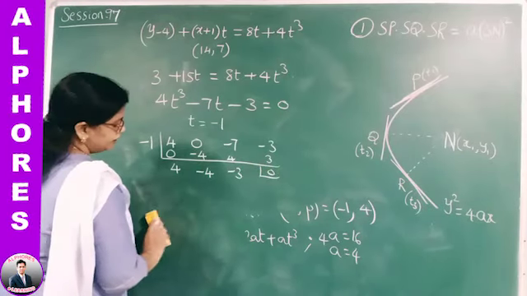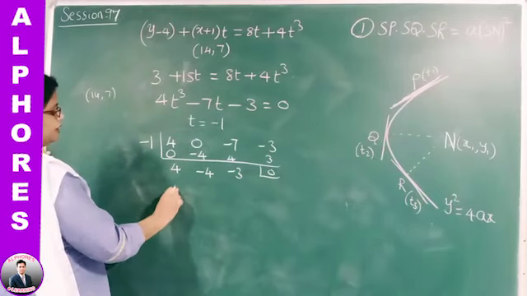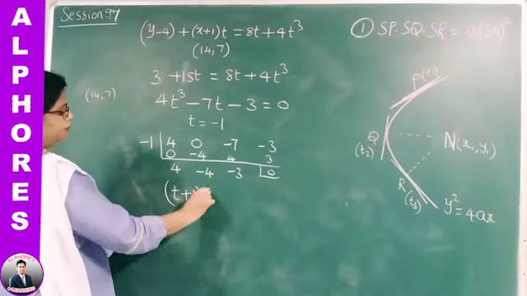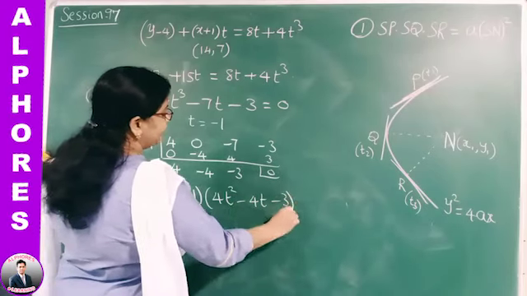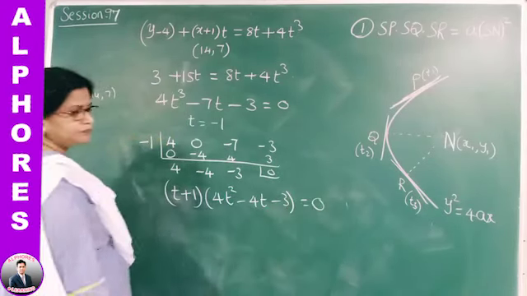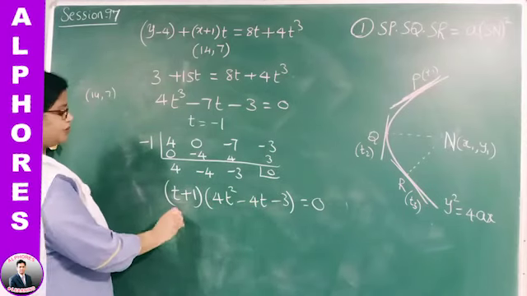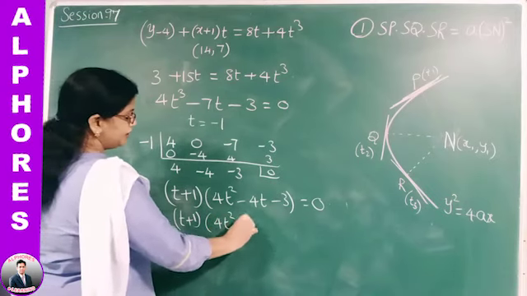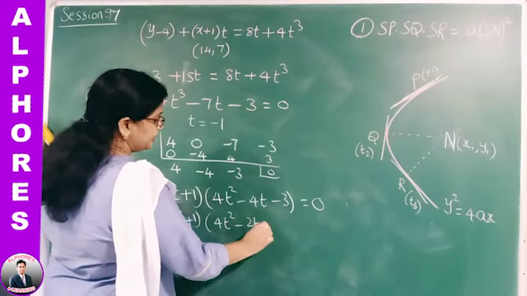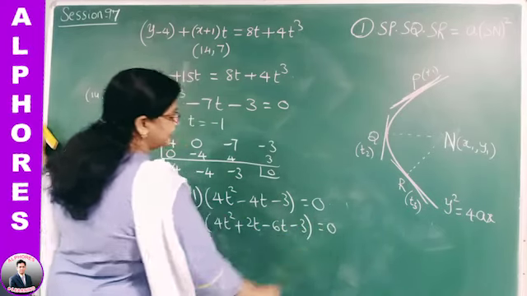And therefore finally you got the cubic equation in t as t plus 1 into 4t square minus 4t minus 3 equal to 0. Now if you find factors here, 4 3s are 12, so you can use 2 and 6. 4t square minus 2t, and this is plus 2t minus 6t minus 3 equal to 0, right?